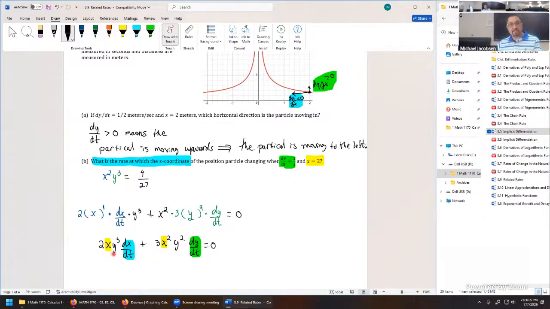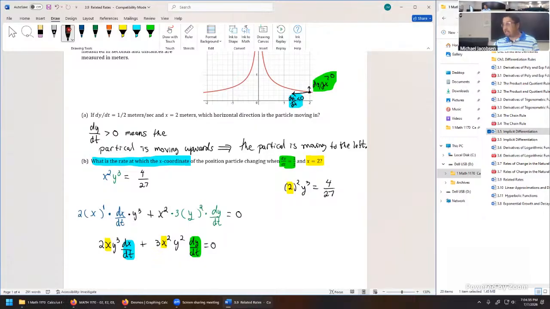So the value for y is missing, but we can get it pretty fast. This is the fundamental relationship between both coordinates of this particle, its trajectory. So if x is 2, we can just say 2 squared times y cubed is 4/27.